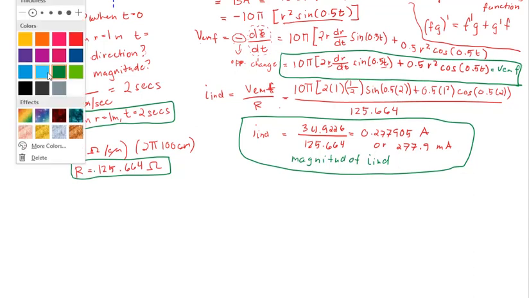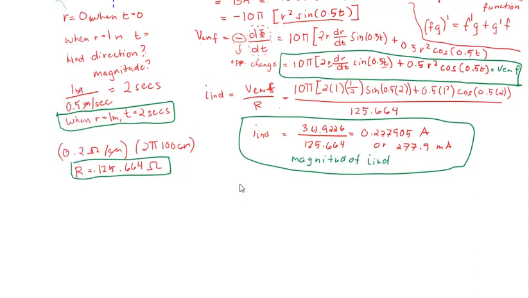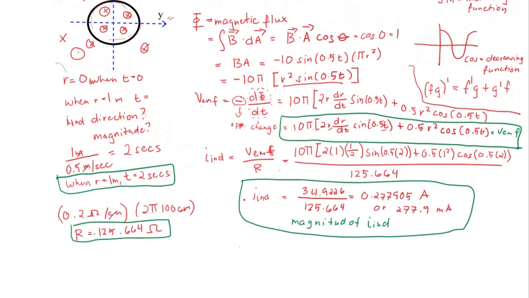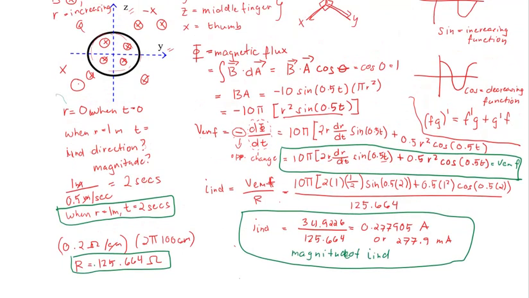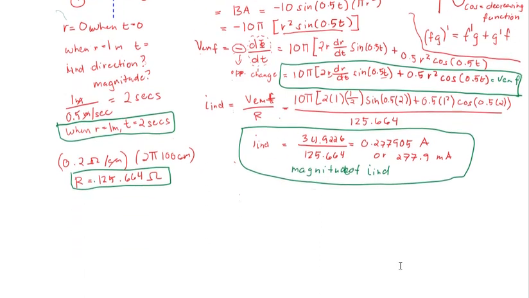And I wish we could say that we're done, but we still need to find the direction of this induced current. To determine the direction of I induced, we need to understand what Faraday's and Lenz's law is trying to tell us.